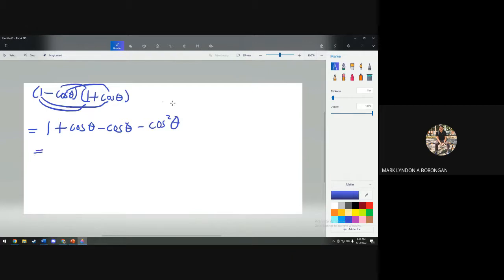So, mura ni siya, nahitabo ano ninyo? Mura kag nagmultiply 1 minus x times 1 plus x. So, if mo siya simplify na siya 1 plus x minus x minus x squared. So, mo answer ani will be 1 minus x squared since ma-cancel out mo ning duha, di ba?